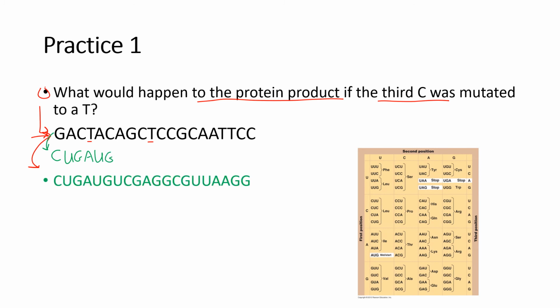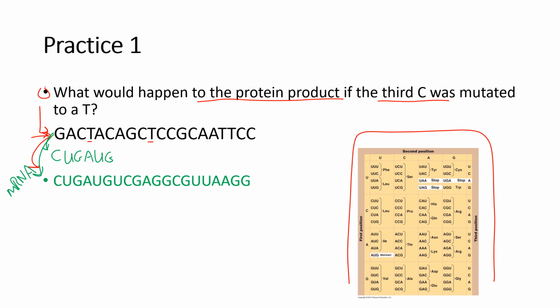I've just added the actual sequence so I don't have to write it all. That's the first thing you want to do: figure out the mRNA. Once you have the mRNA, then you need to translate it. To translate it, you need the genetic code, and you need to identify your reading frame.